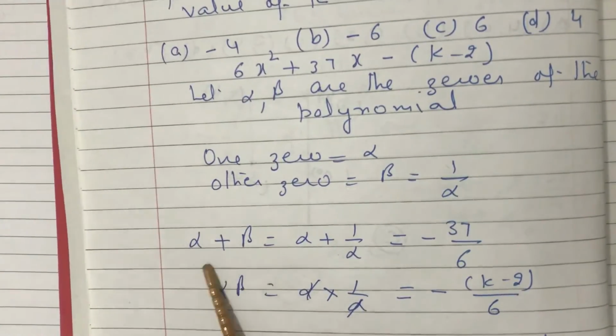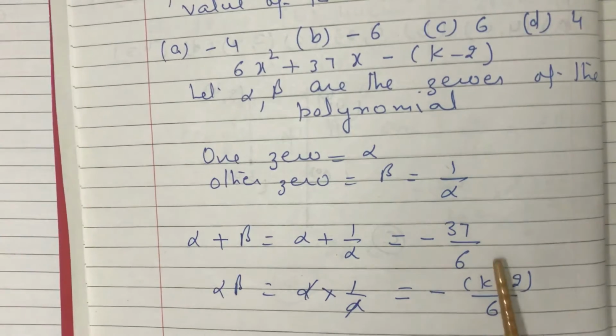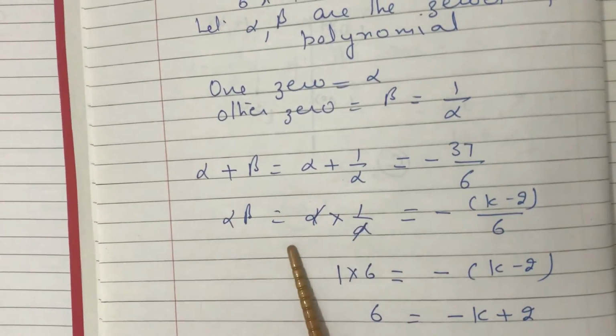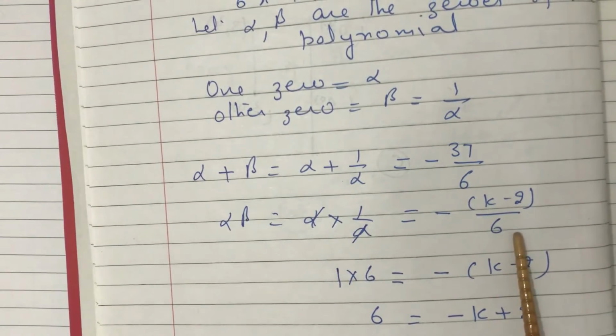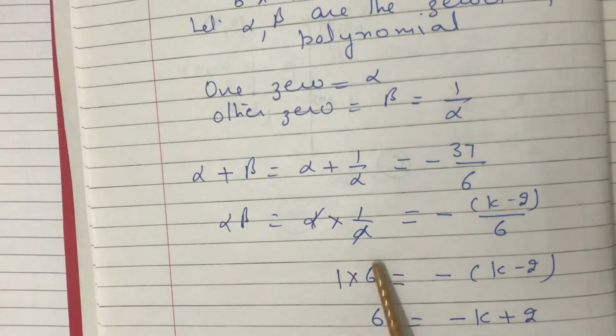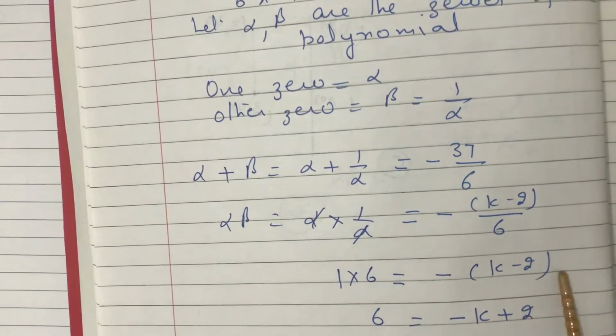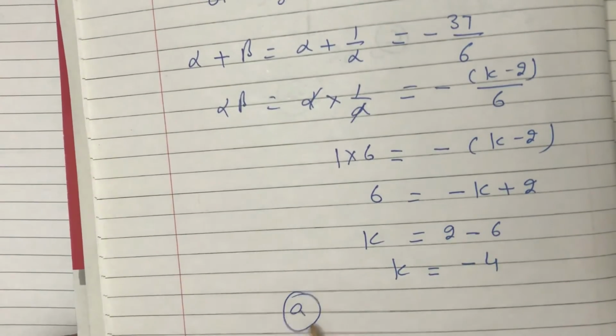Sum of the zeros, alpha plus 1 by alpha, is equal to minus 37 by 6. Product of the zeros, alpha into 1 by alpha, is minus k minus 2 upon 6. Alpha alpha cancelled, you will have 1 into 6 is equal to minus k minus 2. So value of k is equal to minus 4. So A is the option.